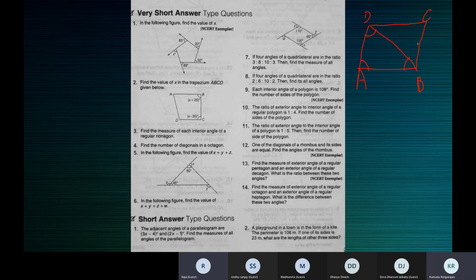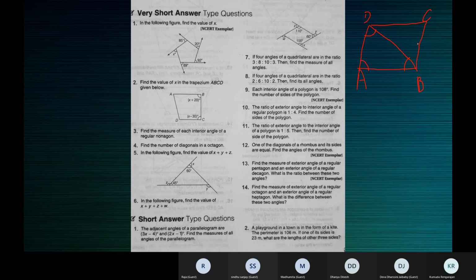Very good. Therefore, DCB, that is BCD, is an equilateral triangle. So when it's equilateral, next.